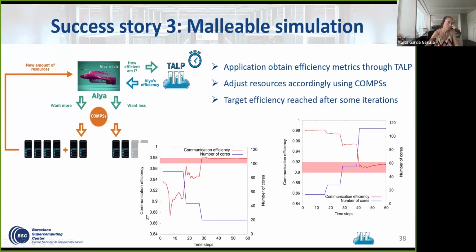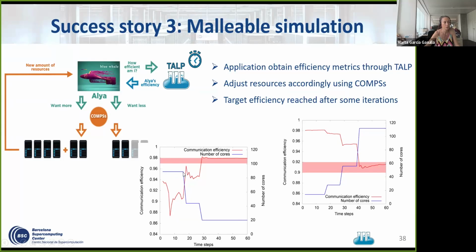in red, on the left-hand side, you have the communication efficiency, and on the right, the number of cores that corresponds to the blue line. In this case, the red bar here marks the target communication efficiency, and at the beginning, the communication efficiency was below the desired. We see the red line is below the red bar.